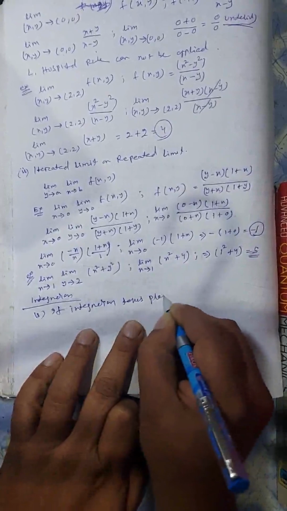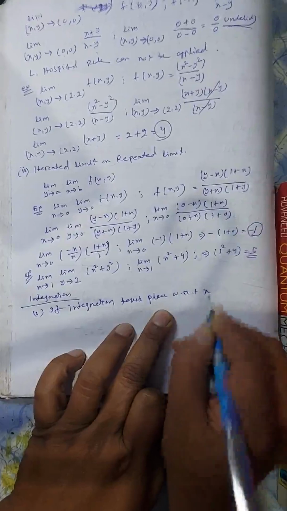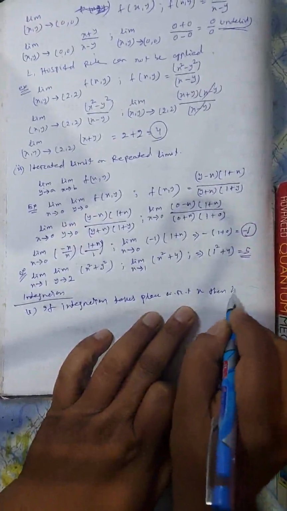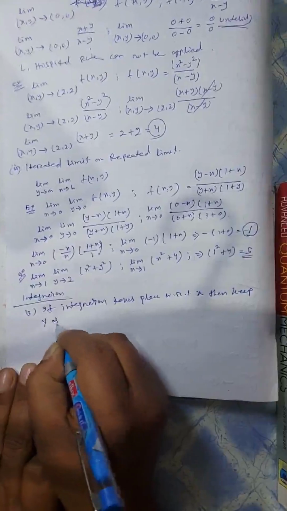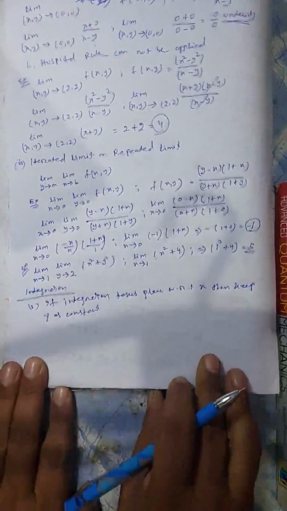But the condition is that if the integration takes place with respect to x, then we integrate with respect to x, then keep y as constant. Keep y as constant.